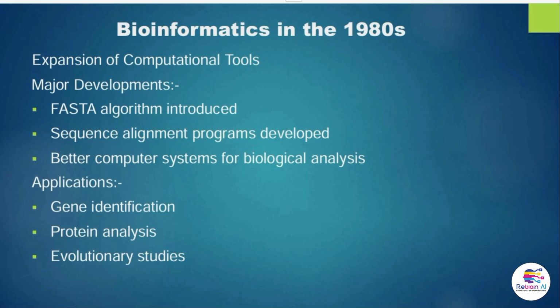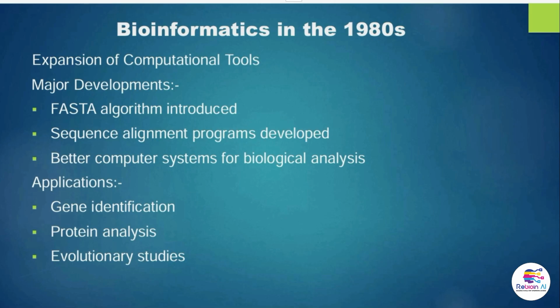Bioinformatics applications expanded into gene identification, protein analysis, and evolutionary biology. This decade proved that computers were becoming essential in biological sciences. Students should recognize that modern bioinformatics software evolved from these early computational tools. Today's advanced genomic software, AI systems, and protein prediction tools all originated from these foundational developments.